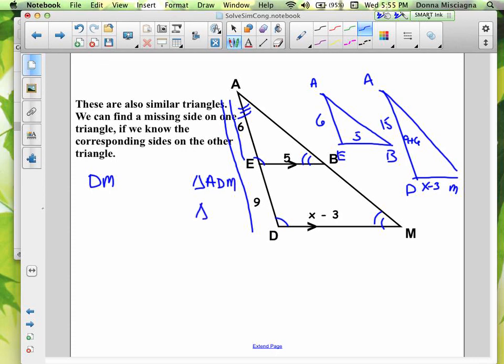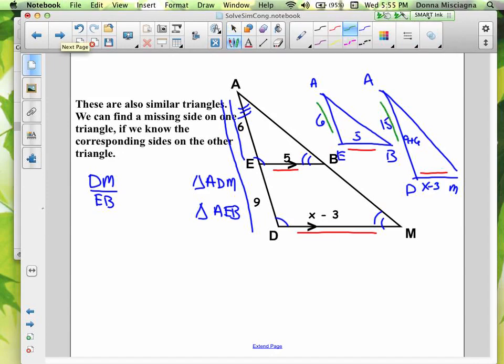And then I'm going to use the smaller triangle AEB in the denominator. And I have to make sure I match it up. So DM goes with EB. Okay? I guess you'd call it the bottoms of the triangles. So these two go together. These go together. Okay?